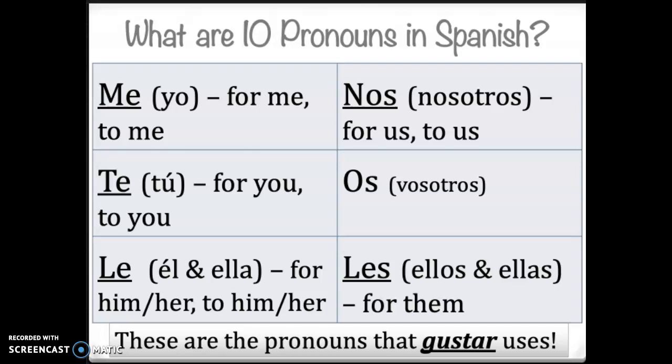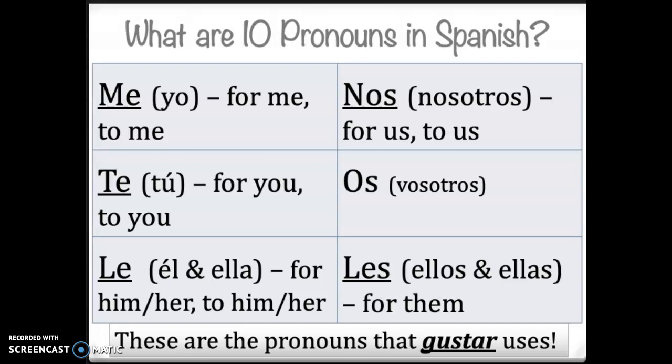The indirect object answers the question to who or for whom. The indirect object pronoun me answers for me or to me. The indirect object pronoun te answers for you or to you. The indirect object pronoun le answers for him, for her, or to him, to her.